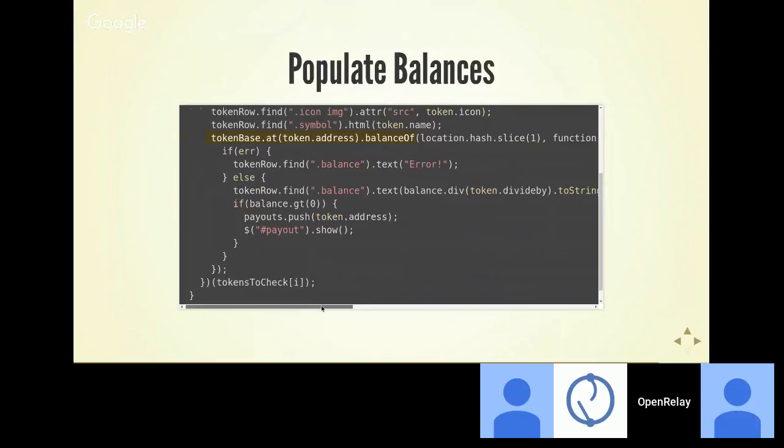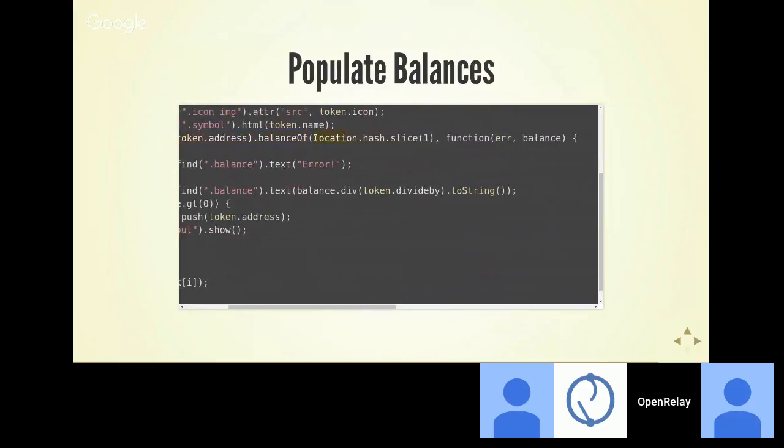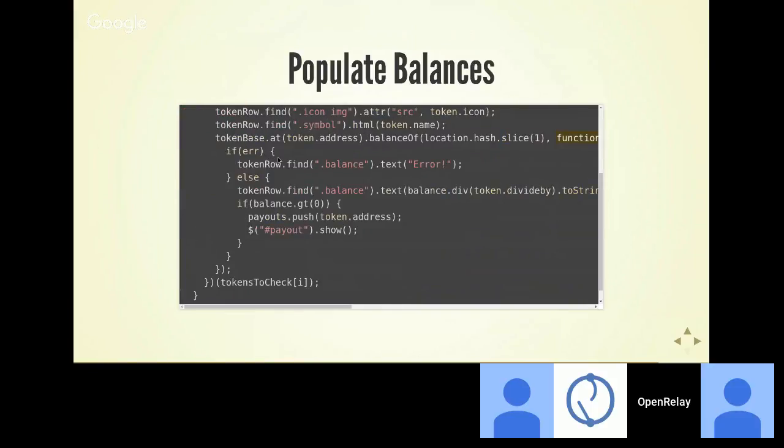We pass in the affiliate contract address that we've pulled out of the URL, and we give it a callback function to call back once Web3 has our answer. If there was an error, we fill in the balance slot with an error. We don't tell the user what it was or log the error, because what are we going to do? Yeah, we probably ought to log that at least.